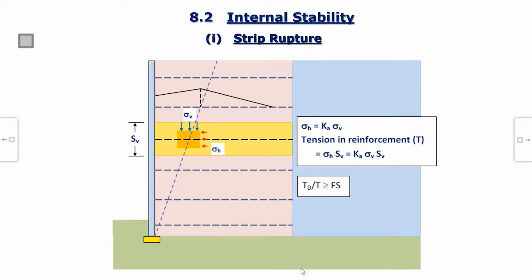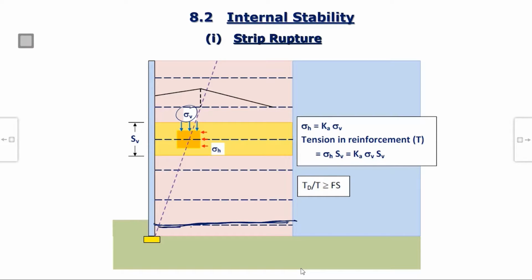So we do 4 external checks and we do 2 internal checks. Once all these checks are over, of course there are many other designs. You have to check connection design also for whatever maximum force is coming in. This tension will be maximum in this, because the sigma will be maximum at the bottommost layer.